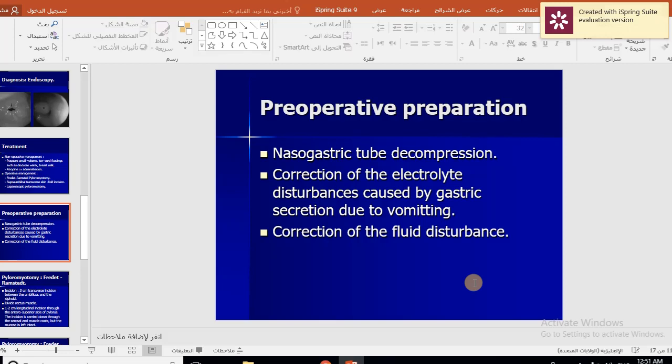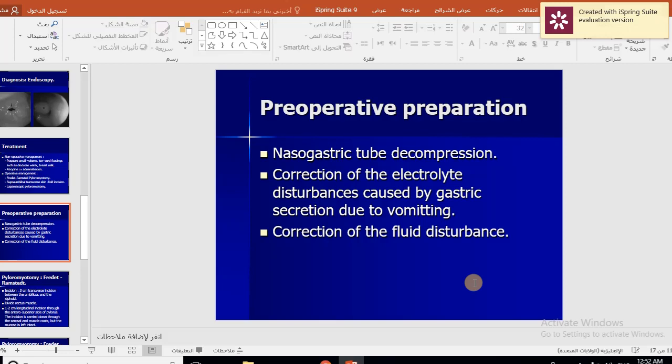The sodium must be corrected. Chloride must be corrected with the fluid which I mentioned. Potassium, 1 milliequivalent, must be added to the fluid, normal saline or half normal saline, and corrected within 24 hours.